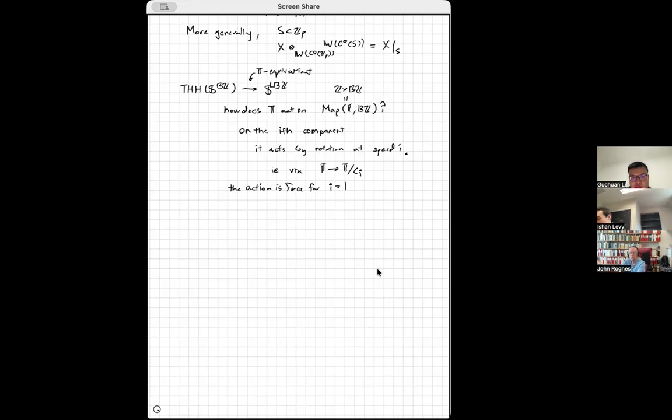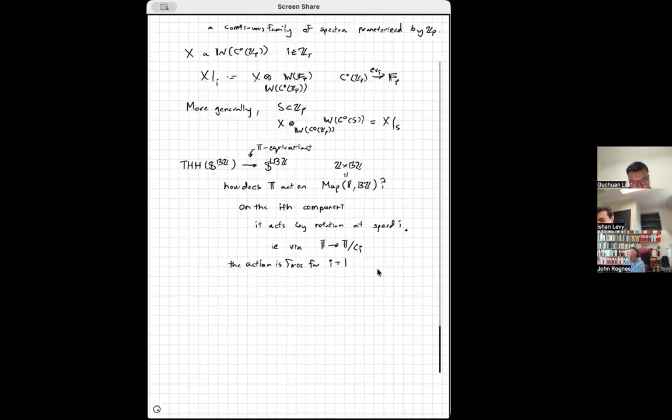Ultimately we're interested in this object, which is a p-adic object, and so p-adically, all that's really relevant is the p-adic valuation of this i. The fact that this action is free for i equals 1 tells you that if you restrict this to any point which has p-adic valuation 1, the action will be the free action on a circle.